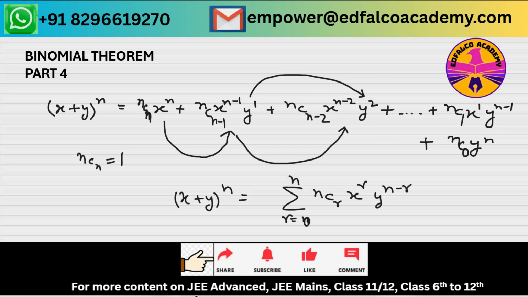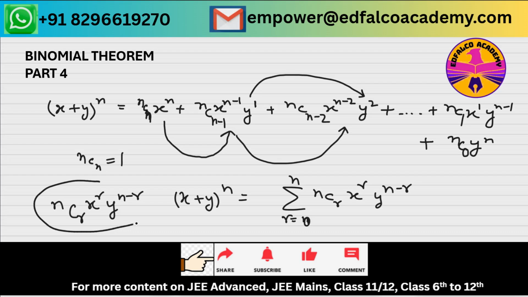So overall, the major important thing to understand is how each of these terms is actually found out, and what it actually means. So for example, if I pick up any term in this, it will be nCr x to the power r y to the power n minus r.